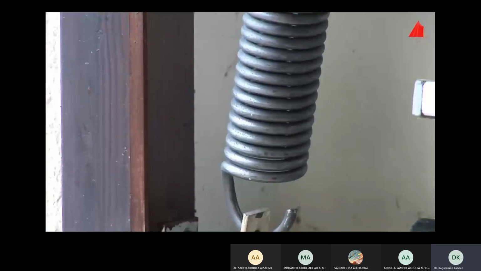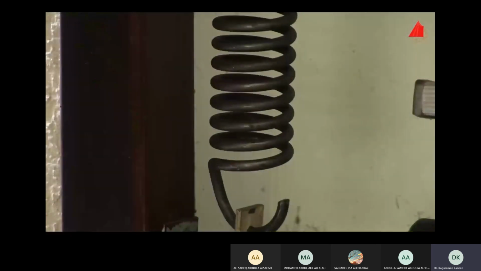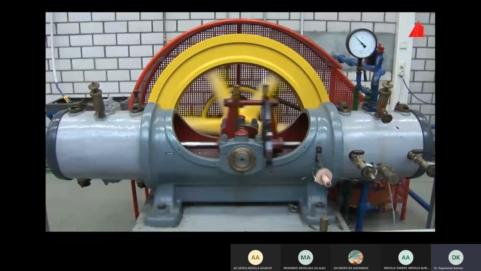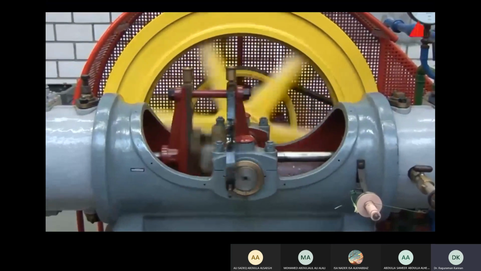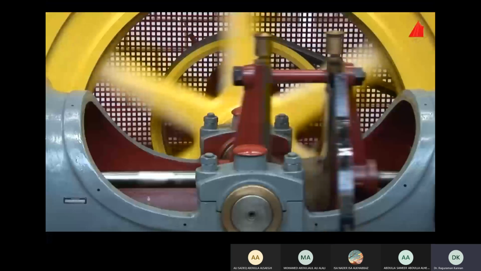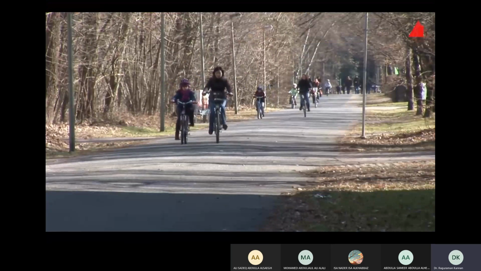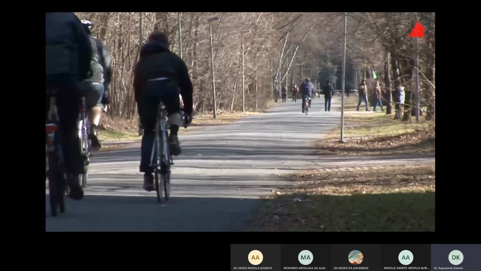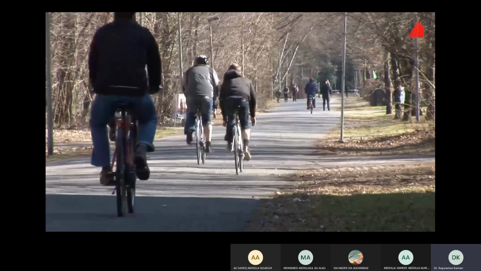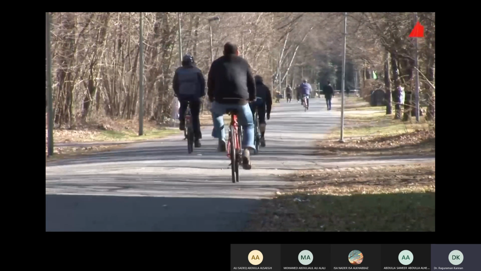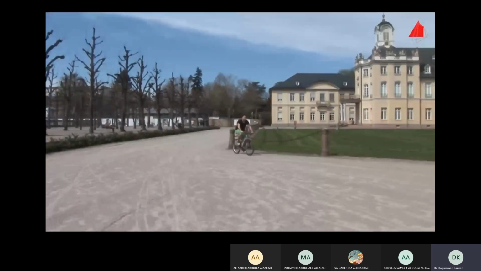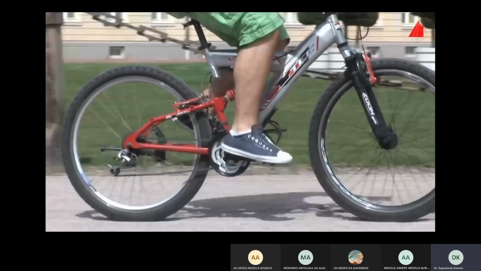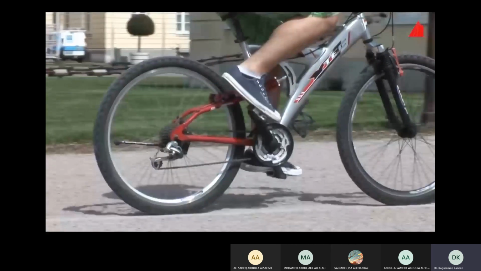The spring is unloaded when opening the door and loaded when closing the door. The connection rods of this old compressor have endured a large number of rapidly changing tensile and compressive forces. Even when cycling quite moderately in the city, many components are exposed to periodically varying loads without us being aware of it. The crank arms are alternately under load, then swing back almost load-free, and are under load again with the rhythm of pedaling. The spokes, the pedals, even the individual links in the chain are stressed periodically.